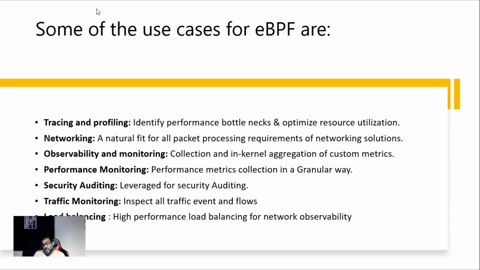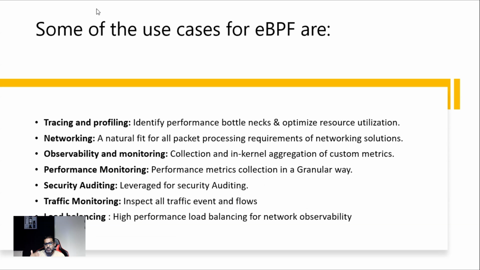Some of the use cases of eBPF are tracing and profiling. You will be able to identify performance bottlenecks and optimize resource utilization. When you talk about networking, it's a natural fit for packet processing in all network solutions. Observability and monitoring are very important because you'll be able to do in-kernel collection and aggregation of custom metrics, and then you'll be able to do better security auditing.